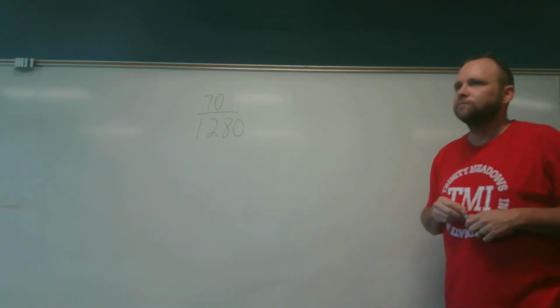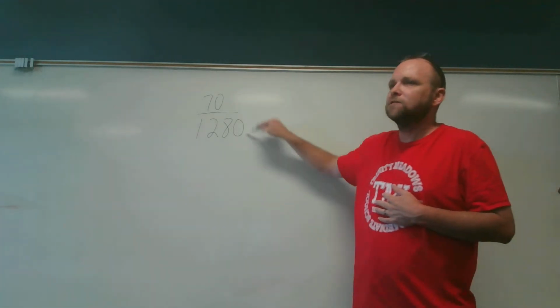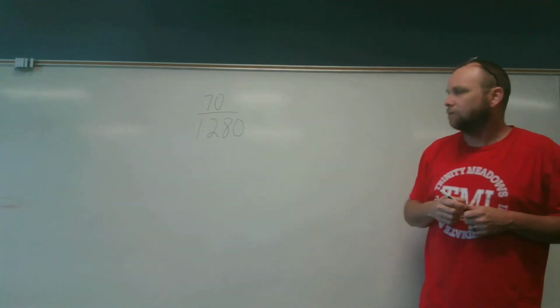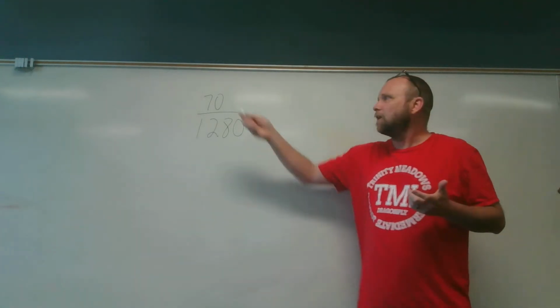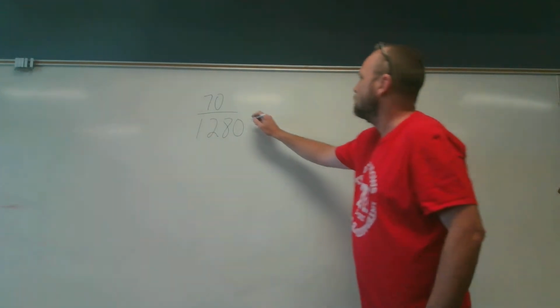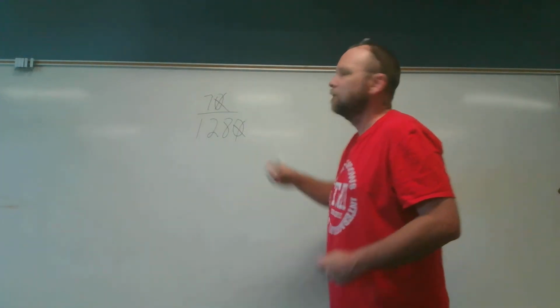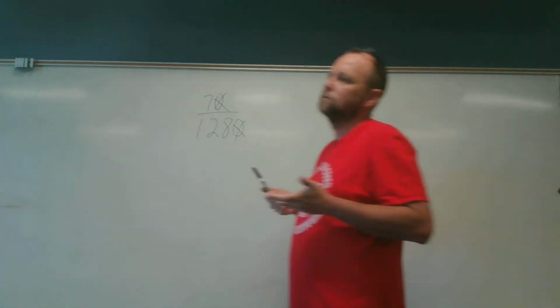Ian? What can I divide both of these by? 2. I can divide them both by 2. Jared? 10. If I divide both of these by 10, all I really have to do is cross off the 0, and I have 7 over 128. Wow. 7 over 128.